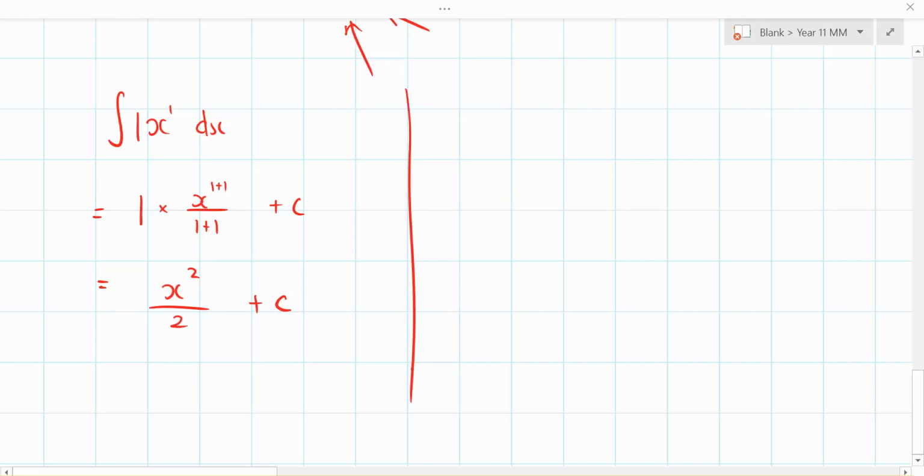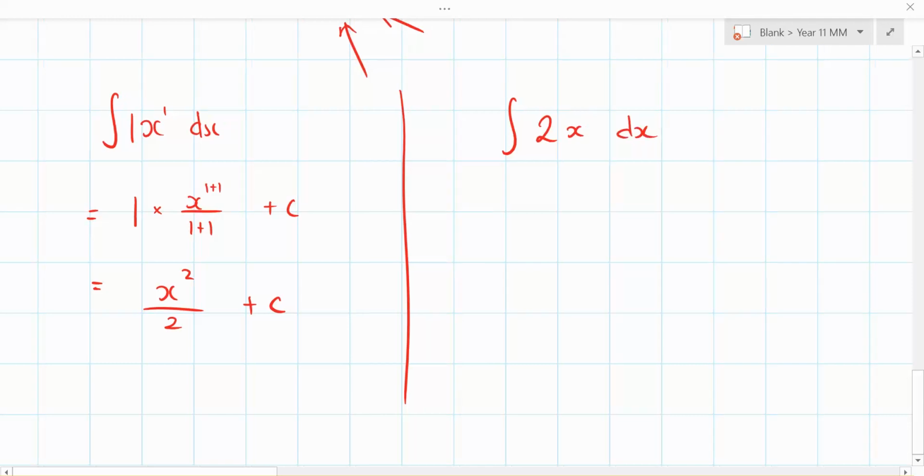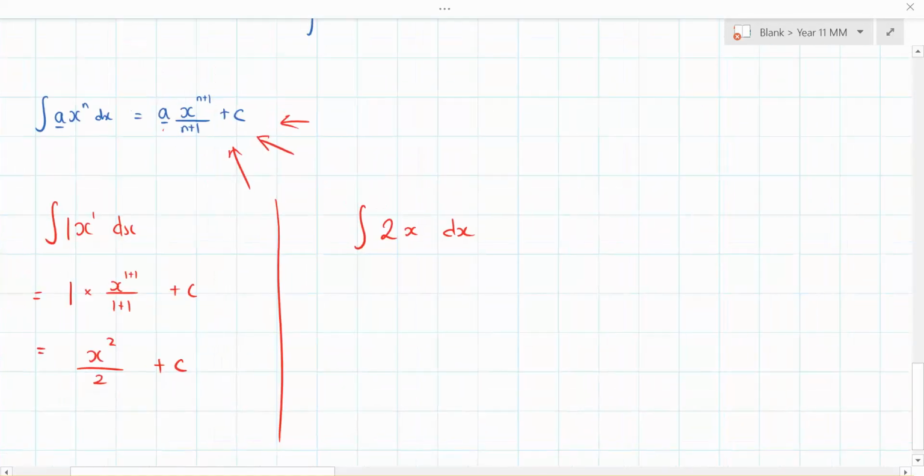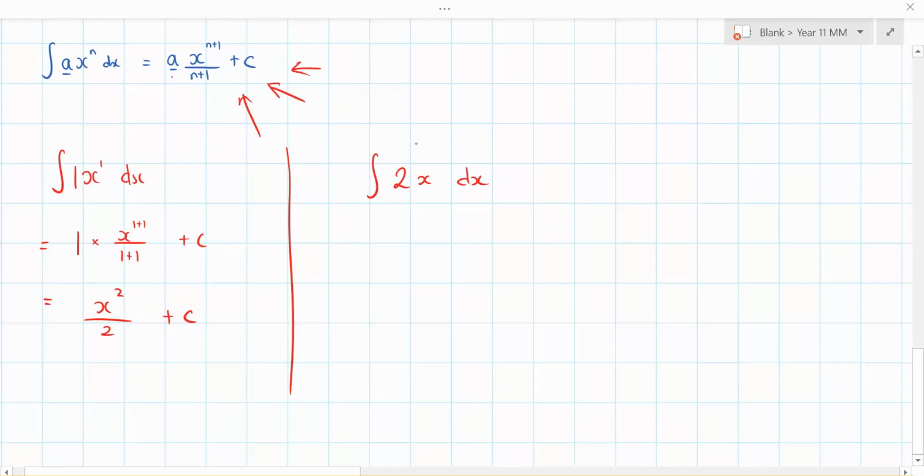Okay, let's try another one. Let's do antiderivative of, now let's say 2x to the power of, just 2x actually, let's try that. Okay, well then, using the rule again, a in this case is 2, so a equals 2. N, which in our case is the power, and clearly because I didn't write it, n equals 1.